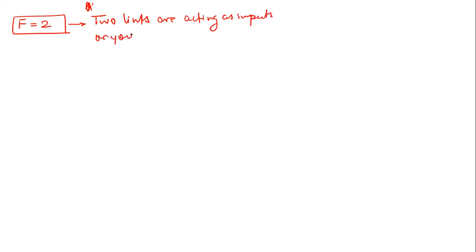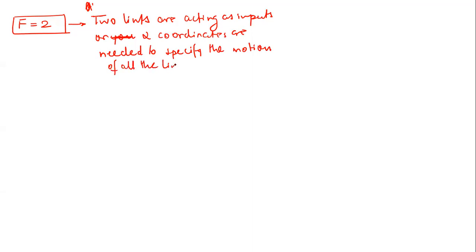Or you can simply say, 2 coordinates are needed to specify the motion of all the links in a mechanism. So this is very easy, very much clear.